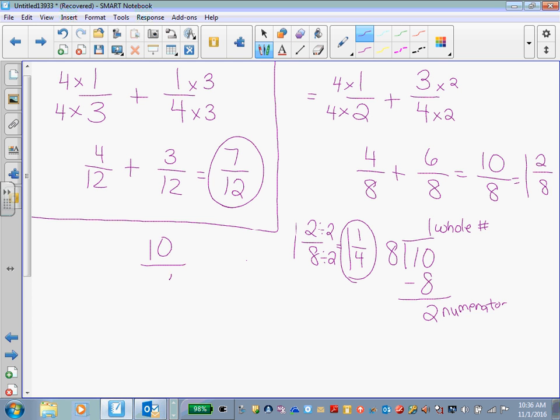She's saying if you simplify 10/8 by 2, then you would end up with 5/4. This is still an improper fraction, so I want everybody to pay attention to this. 5/4 is equal to 1 and 1/4.